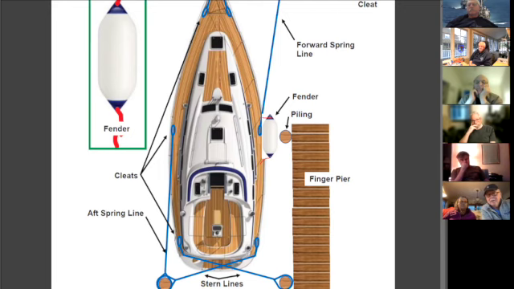And I think it's one of those things you should have, because it really is important to stabilize the boat. And if you don't have those midship cleats, how would you attach a spring line?